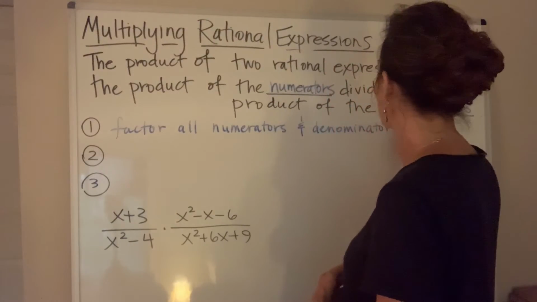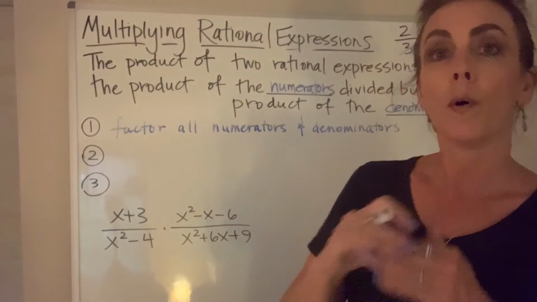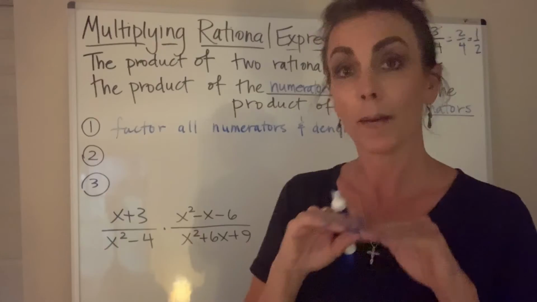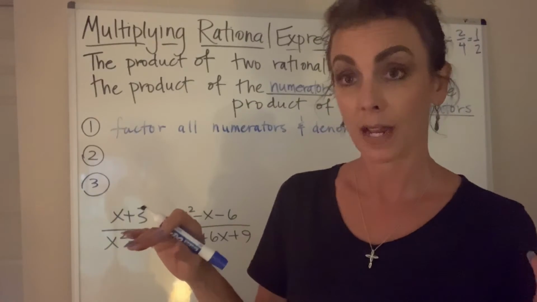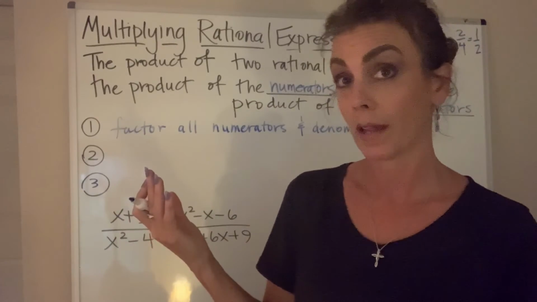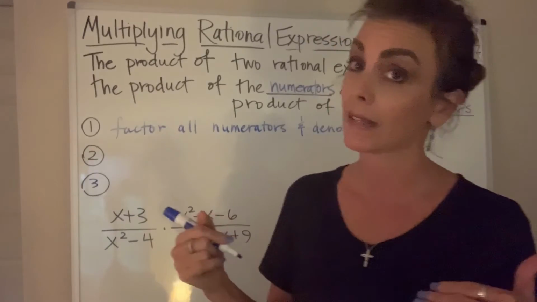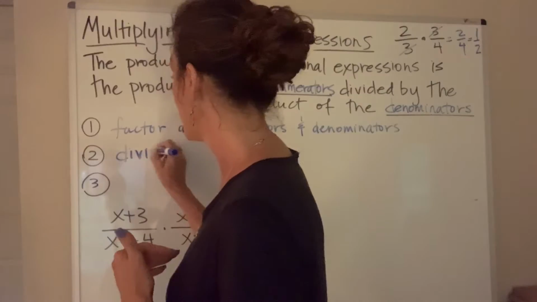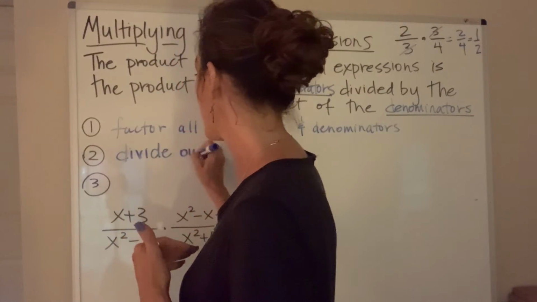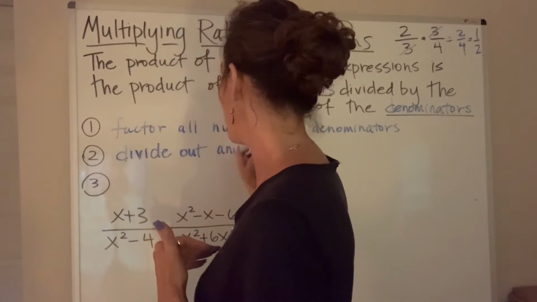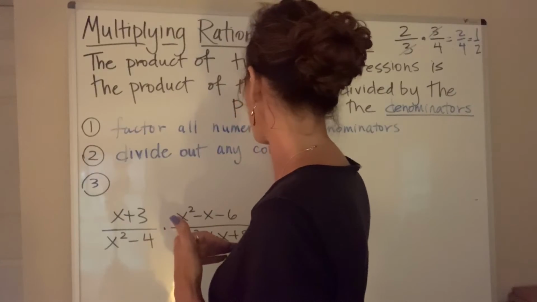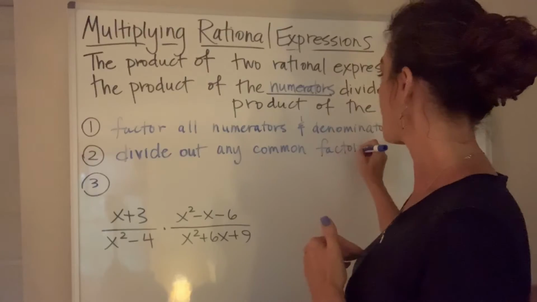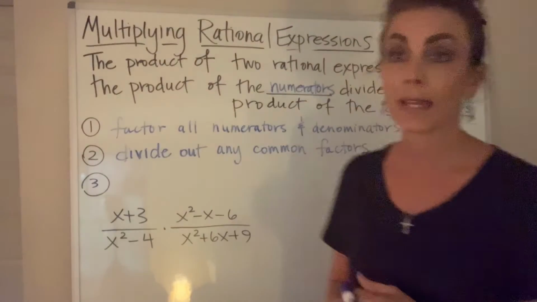And we can actually write that as one big factored numerator divided by one big factored denominator. It's really a nice way to do it, because the next step, we are going to divide out any common factors.